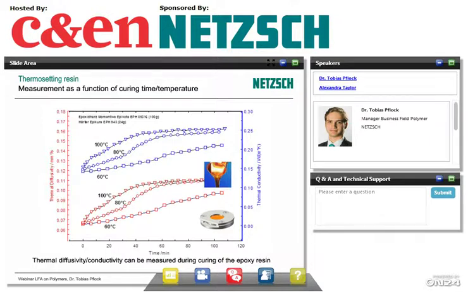If we take the 100-degree measurement, we see that our curing takes place much faster, and we get a higher thermal conductivity after our sample is cured. So this is nothing else but a curing reaction watched with respect to the thermal transport. So the interesting thing is that thermal diffusivity and conductivity can be measured even during the curing of an epoxy resin.